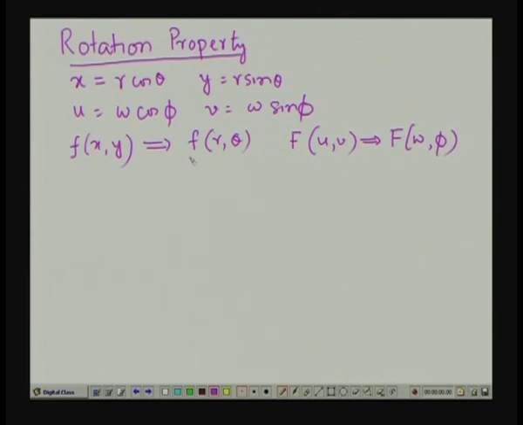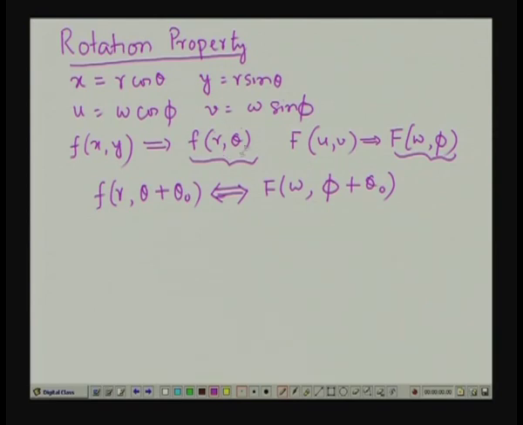Now, using these polar coordinates, if we compute the Fourier transformation, it will be found that f(r, theta plus theta naught) has the corresponding Fourier transformation given by capital F(omega, phi plus theta naught). So, this will be the Fourier transformation pair in the polar coordinate system. Our original signal was f(r, theta).